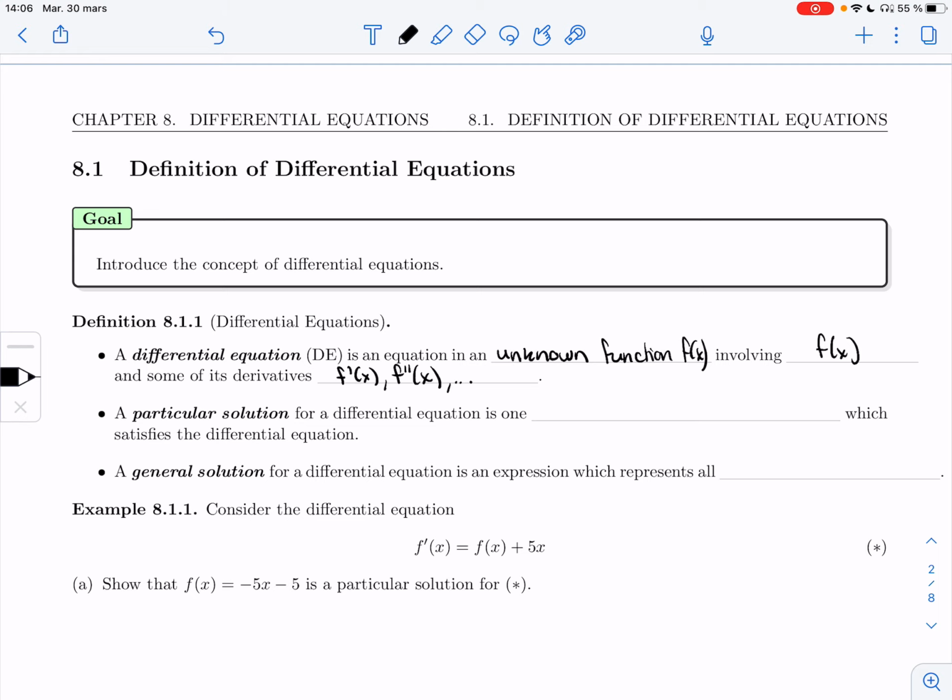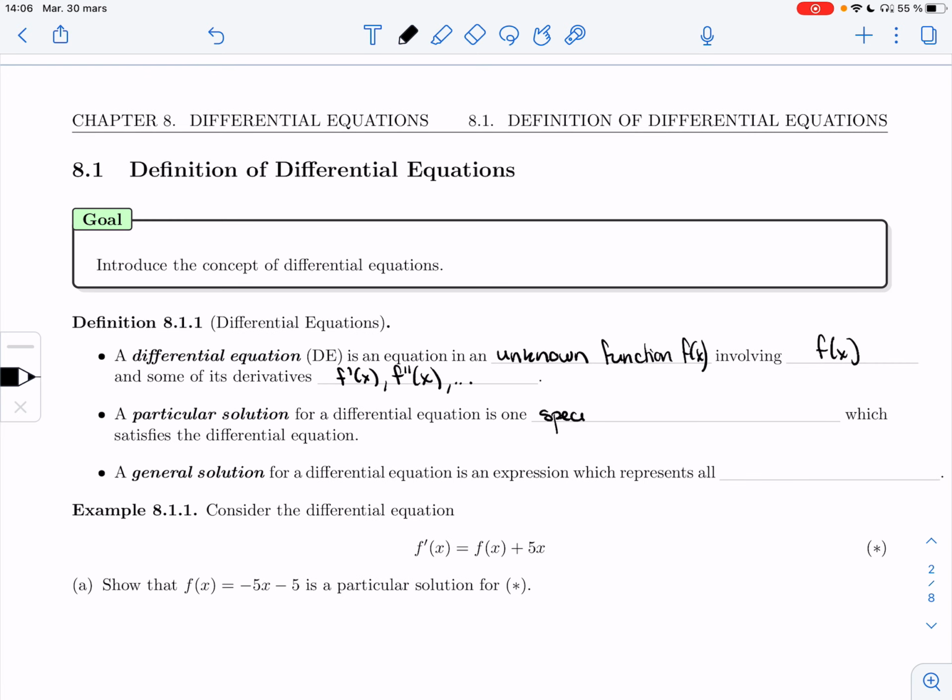A particular solution for a differential equation is one specific function, let's call it f of x, which satisfies the differential equation. A general solution for a differential equation is an expression which represents all particular solutions.